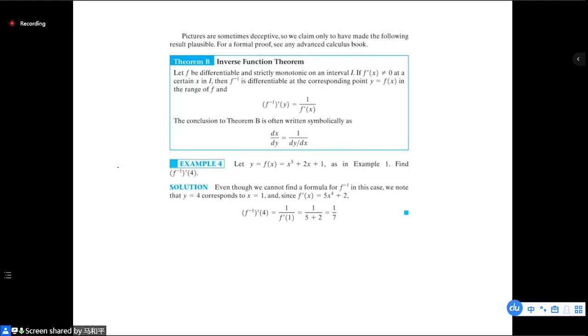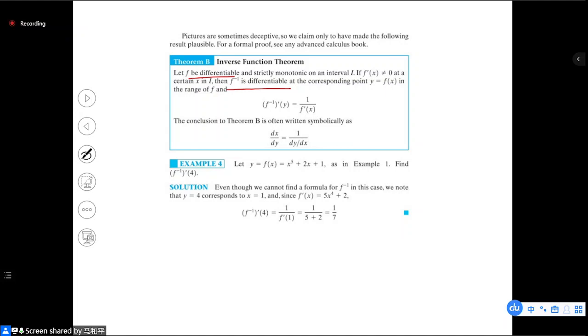This is the inverse function theorem. We have: if f is differentiable and strictly monotonic on an interval I, and f prime x is not zero at a certain x in I, then f inverse is differentiable at the corresponding point y, which is f(x), in the range of f.